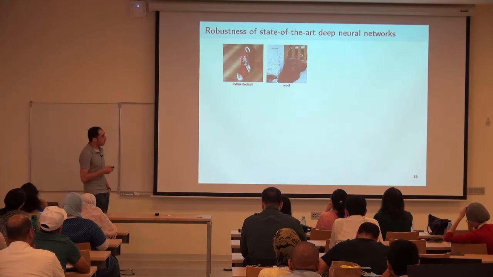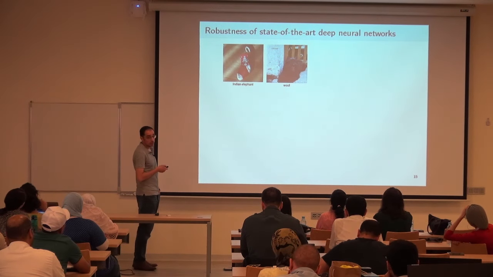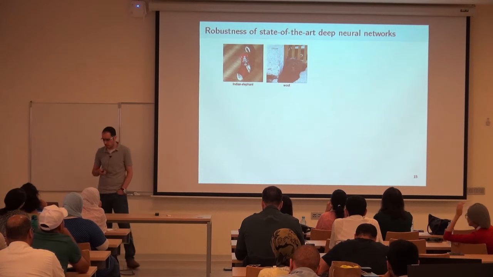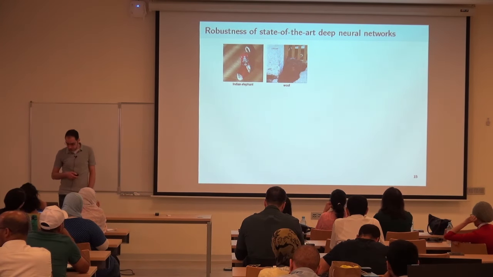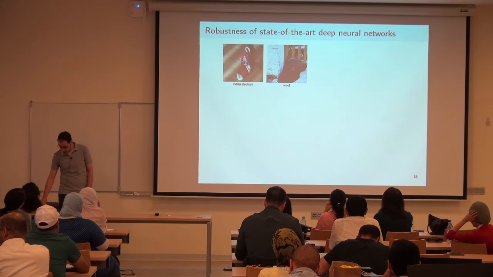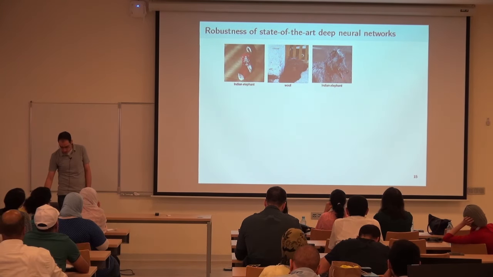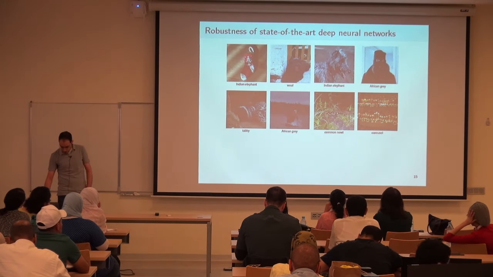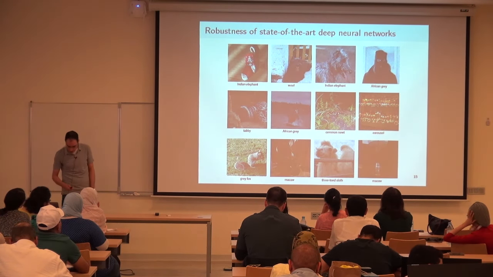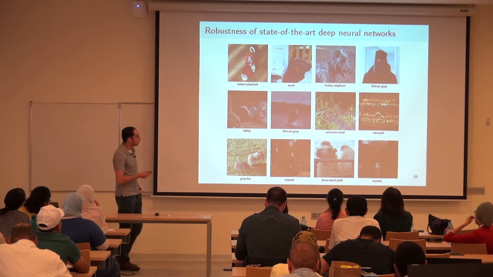Now we have added the same exact perturbation on this image here, which was correctly recognized before as, I think, a Bouvier des Flandres, some sort of dog. And now it's recognized as a wool. The same perturbation was added, and then Indian elephant again, same perturbation added, African grey, and so on for all the different images, and you see that all these images are completely misclassified.